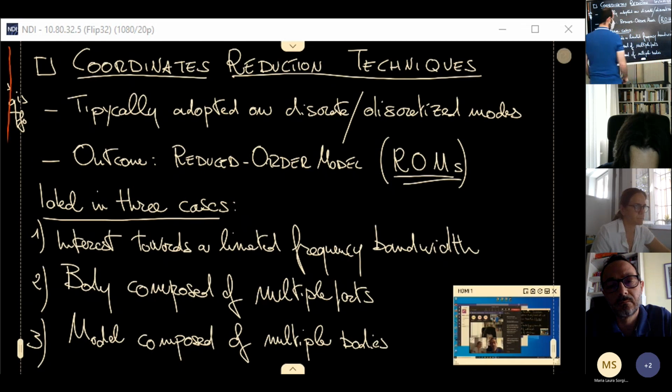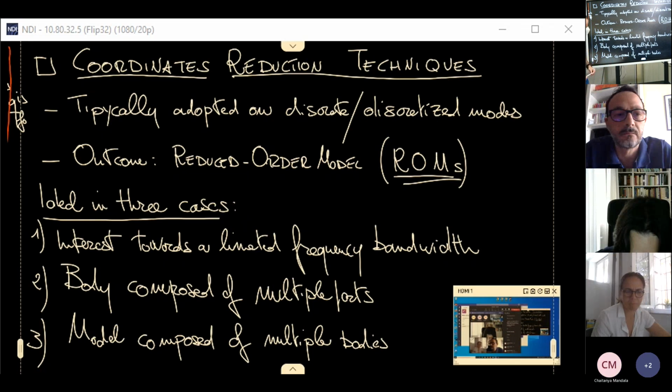But Prof, can you please explain the second one again? Sure. So imagine having a body, and for example, let's say that you have a plane, or you have a satellite composed of solar panels.